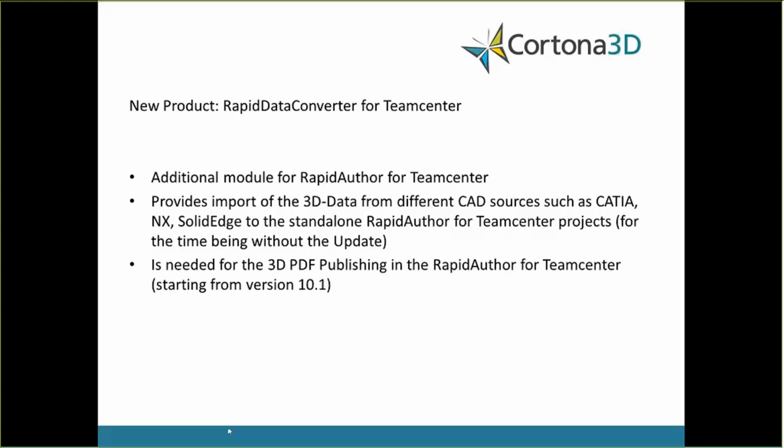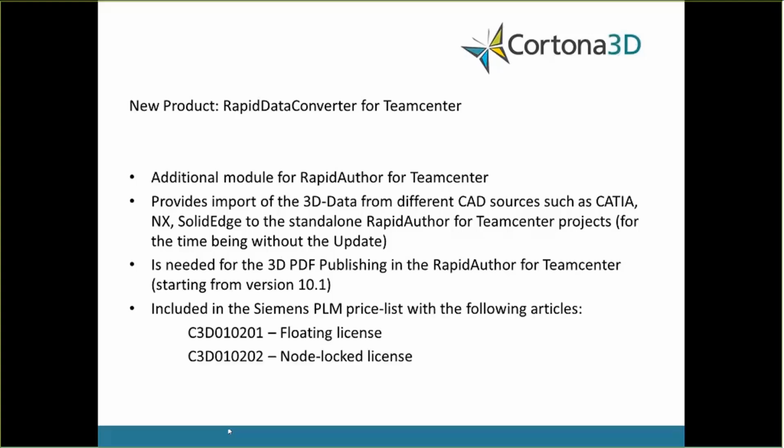Again, if you're using RapidAuthor for Teamcenter, which is distributed by the CMS side, you will need this Rapid Data Converter module to be able to make 3D PDF publishes. And a logical thing: both license types, the floating license and the node lock license for Rapid Data Converter, are now added to the CMS PLM price list.